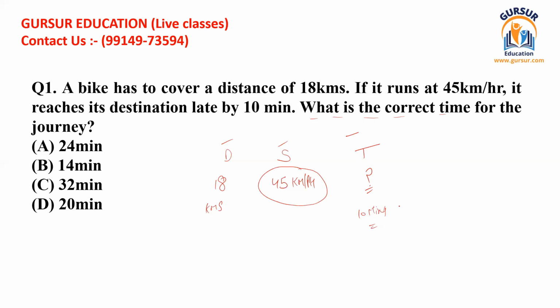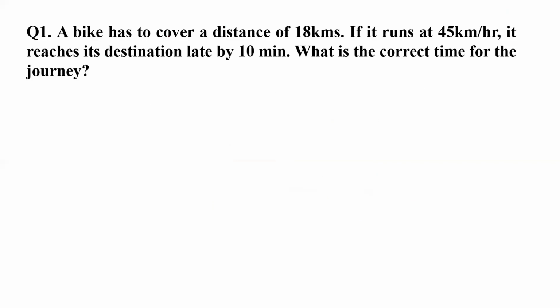So now we have to make the mathematical equation, and I am going to explain how you can make these kinds of things. First of all, you must have the blank space as usual, because everything is done only on the basis of a blank space. So I'm just again going to read this statement: a bike has to cover a distance of 18 kilometers.